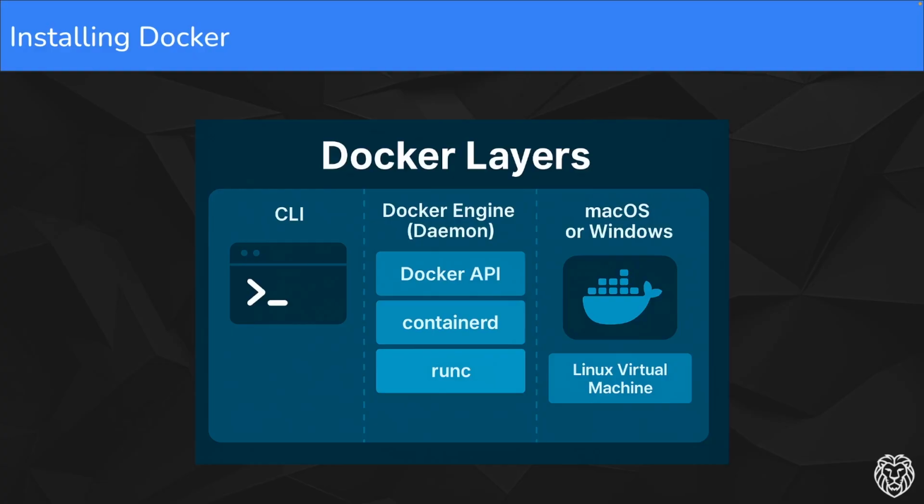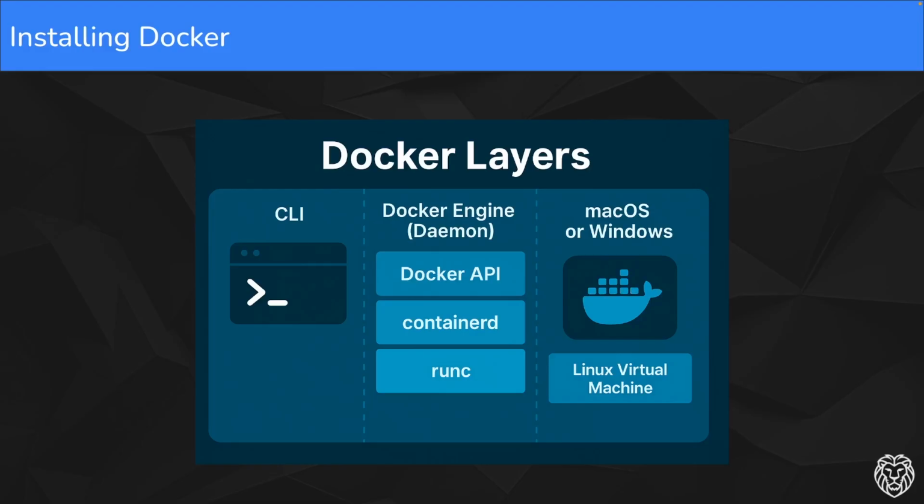Docker requires this Linux virtual machine in order to provide the core for the whole platform to work. This is available in Unix-based systems, but not natively available on macOS or Windows. That's why in these installations, Docker is going to install a Linux virtual machine that is going to be used as a base for Docker to run.